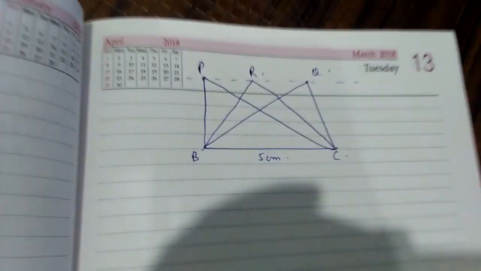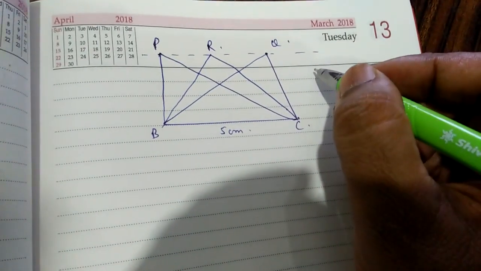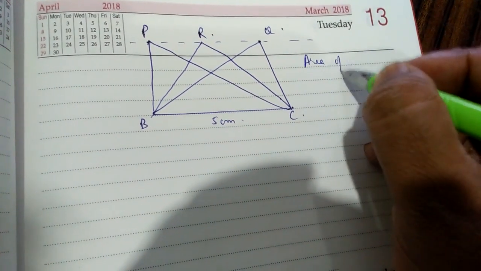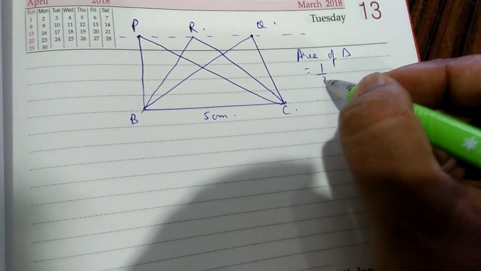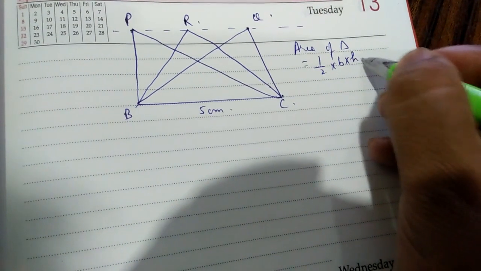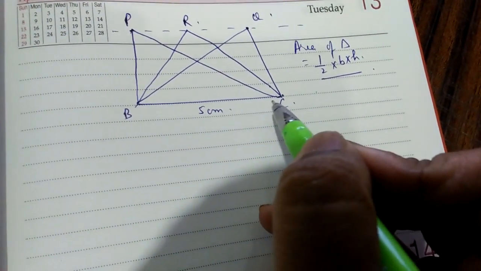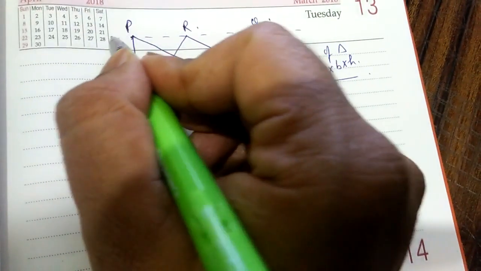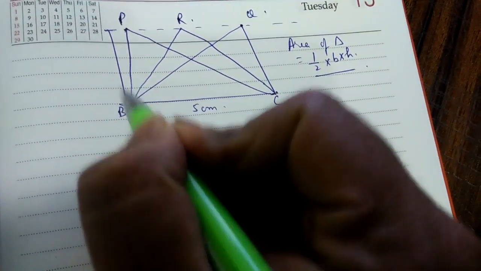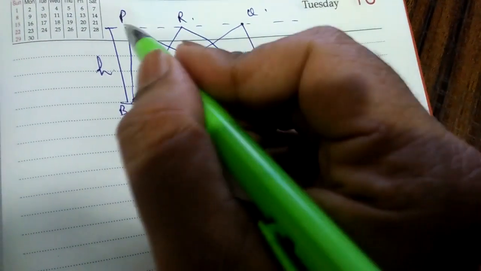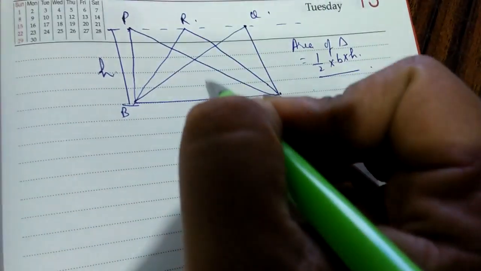The area of a triangle we discussed is half of base into height. The base is the same, and this particular line gives us the height. The height of all these three triangles is the same.